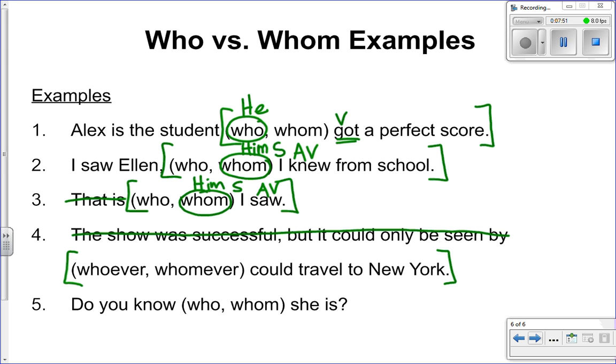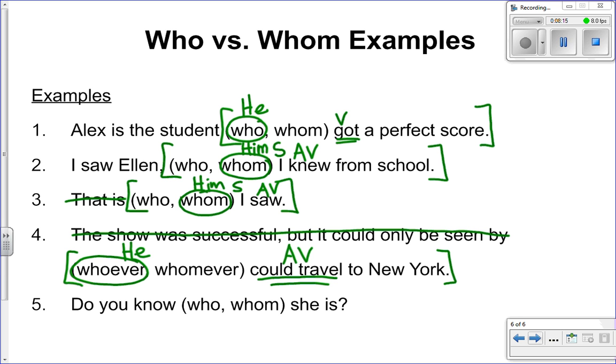So the question is, what's the subject and verb of this subordinate clause? The subject is the pronoun itself, whomever, because could travel is my verb, my action verb. Now, because it's the subject, I want to choose the nominative case, which is whoever, also like the word he. So he could travel to New York, not him could travel to New York.